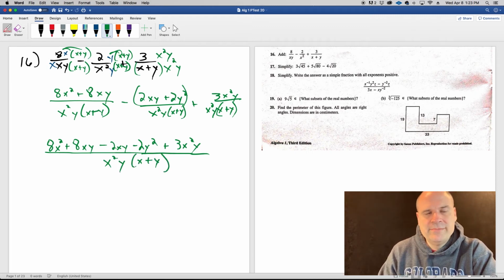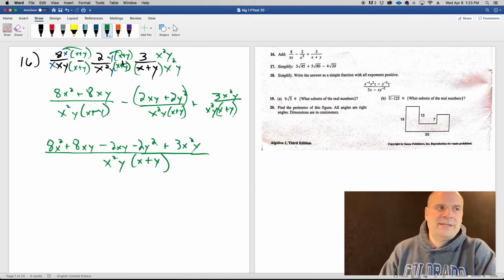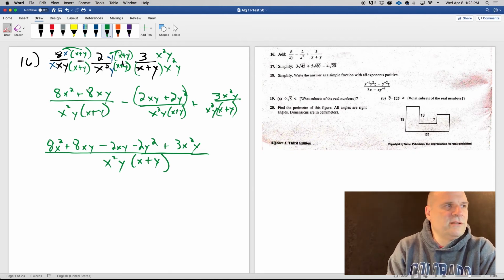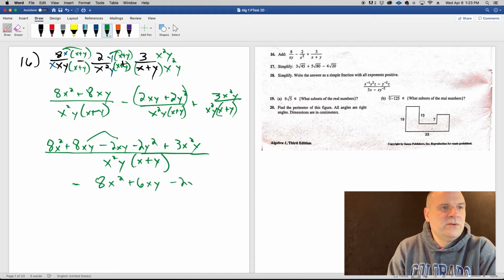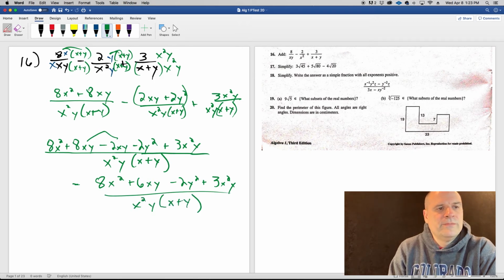Okay, are you done? Well, technically you can go a little further because look what you got here. You've got like terms. So these guys can combine together for a final clean simplified answer of 8x squared plus 6xy minus 2y squared plus 3x squared y, all over that crazy denominator.